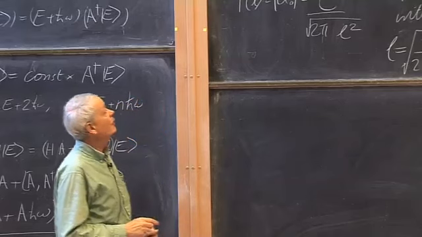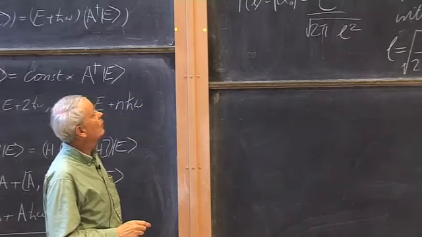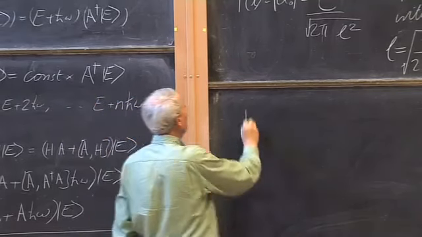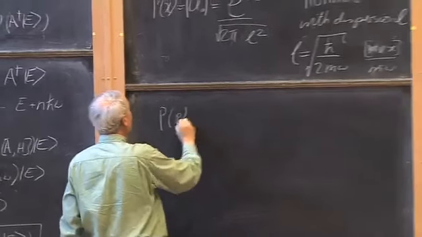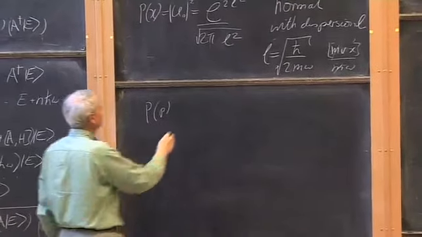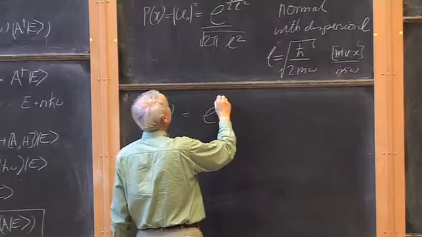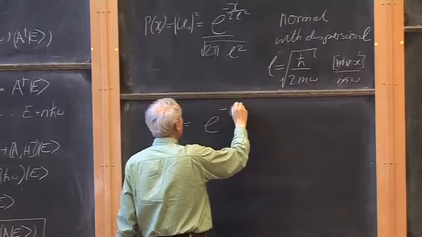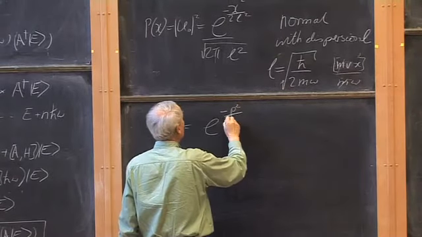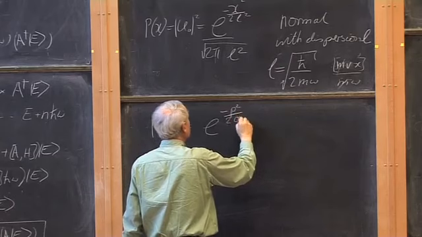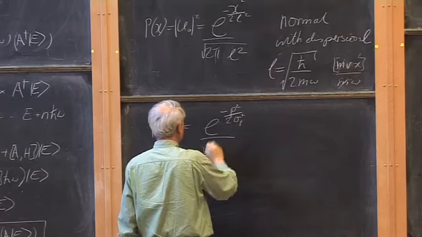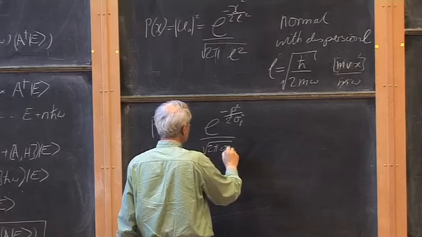And we now know the probability distribution for momentum: from what we did before, it will also be a Gaussian. It'll be e to the minus p squared over 2 sigma p squared, over root 2 pi sigma p squared.